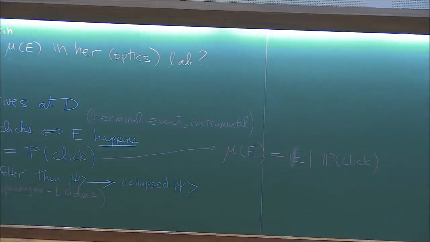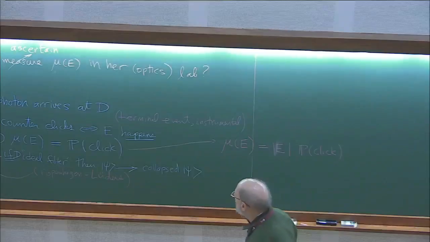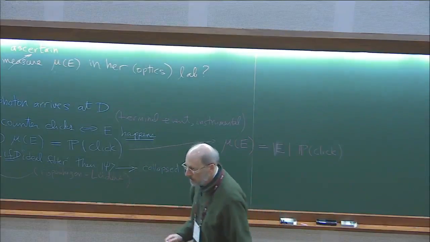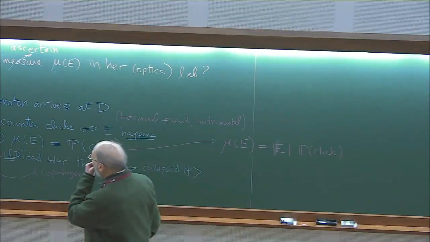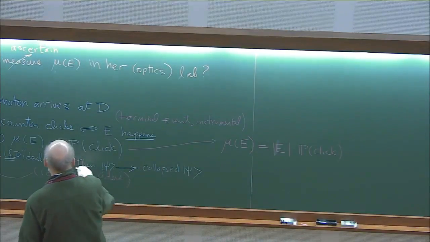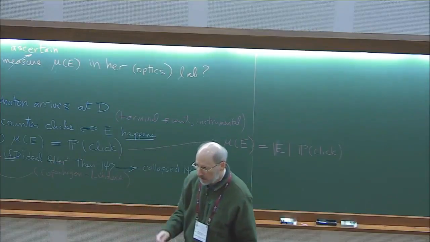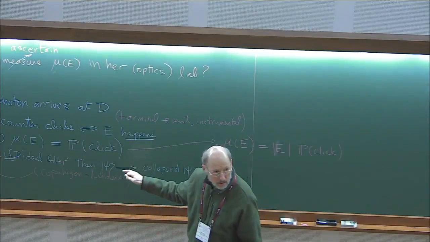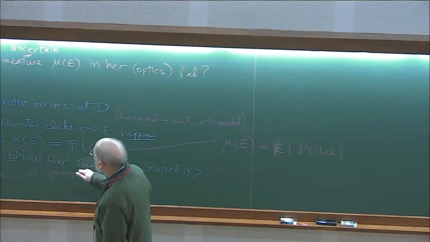But I just wanted to emphasize that there are two aspects to what an ideal filter does in the usual situation, and each of those aspects will have an analog here, but in a way that's a little more subtle. One thing I should also stress is that if you have a truly ideal filter, or what people call a non-demolition measurement, which is another term used in measurement theory, you also learn something.